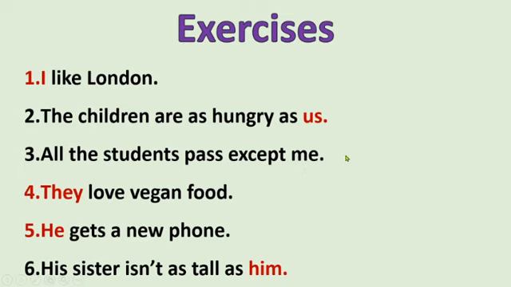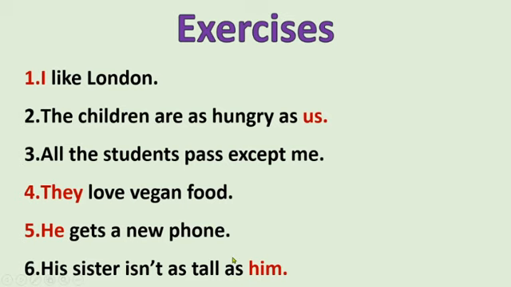Me concludes the idea, and all the students are they. 4, they love vegan food. Love is a verb, so you have to use a subject pronoun, they. 5, he gets a new phone. Gets is a verb, so you have to use the subject pronoun he. And finally, his sister isn't as tall as him, so you have to conclude the idea with him.